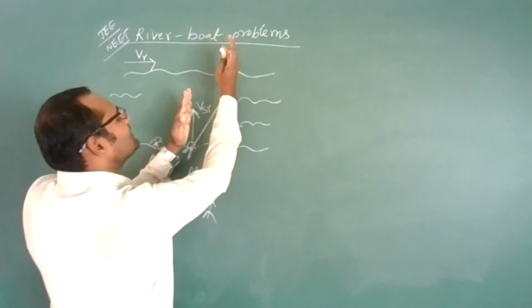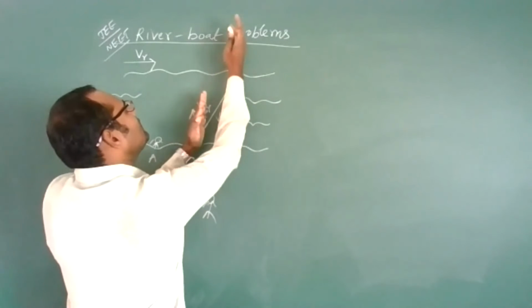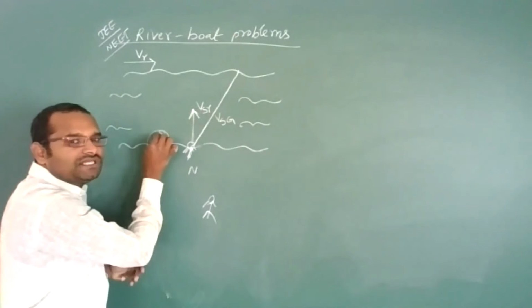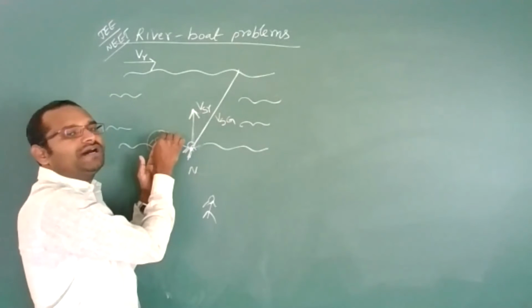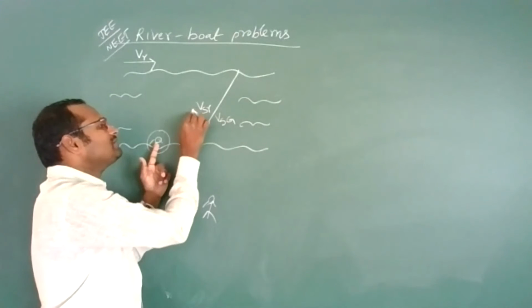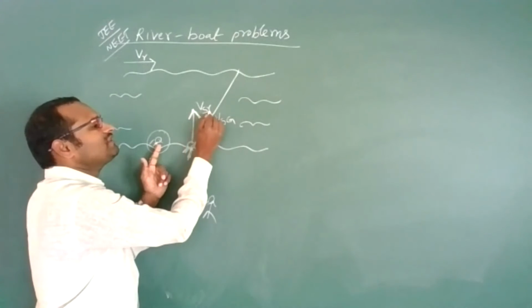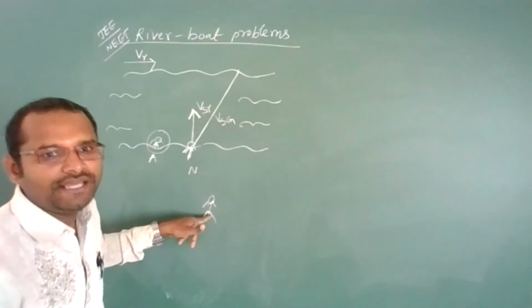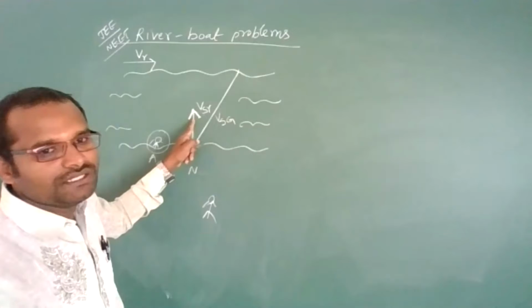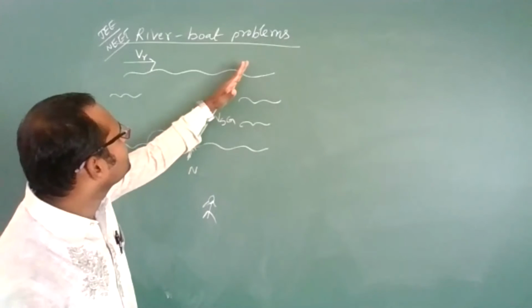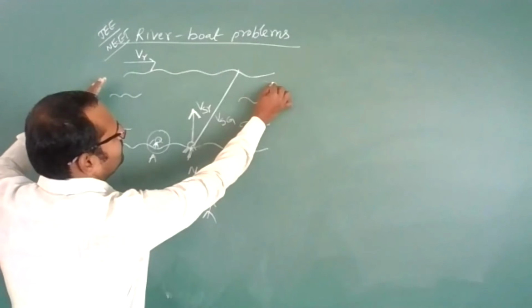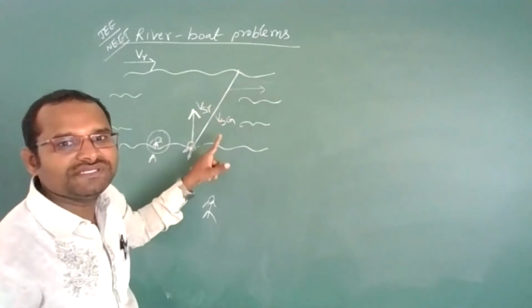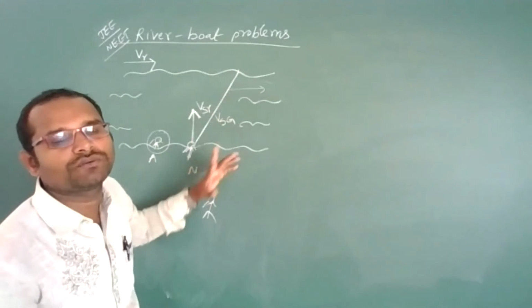He is inside the river too. So this velocity comes out to be velocity of swimmer with respect to river. Whereas a person outside the river sees this person actually moving like this because of the velocity of river. Velocity of river is like this. So this person is moving like this. This is velocity of swimmer with respect to ground.